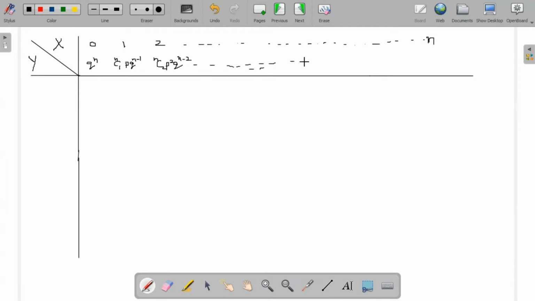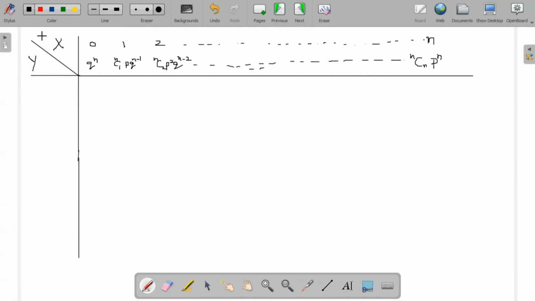The probability for X equal to n will be nCn p power n, where nCn is 1, so the probability will be p power n.